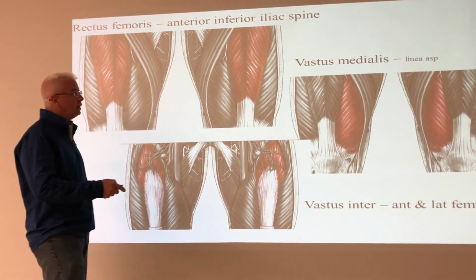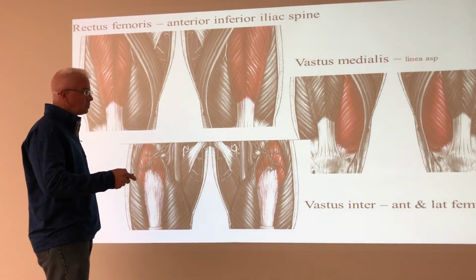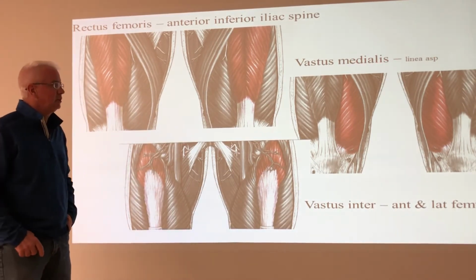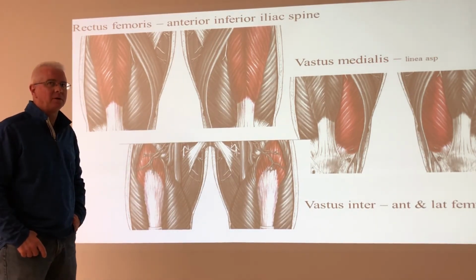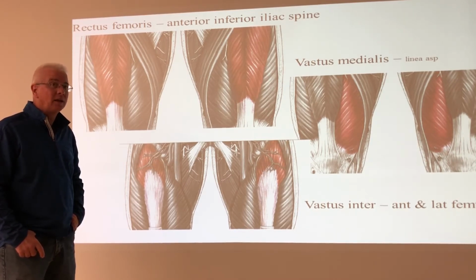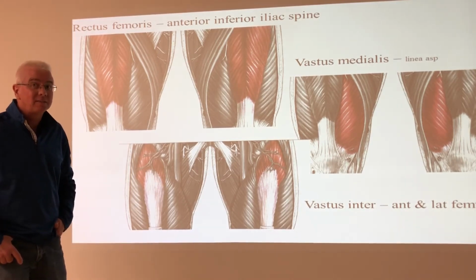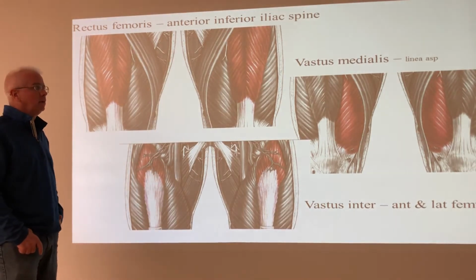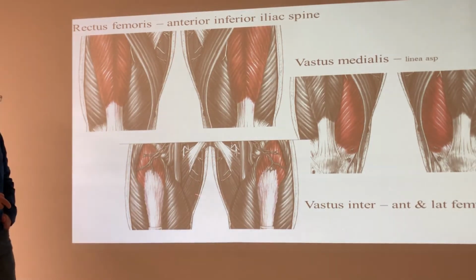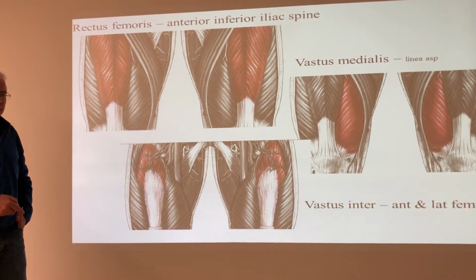The vastus medialis, as you can see here, has as its major attachment the linea aspera. So the attachment of the medialis is actually high on the shaft of the femur, on the back of it. Well, that surprises kids to see that, the linea aspera. And the intermedius is attached on the shaft of the femur, anterior and lateral.